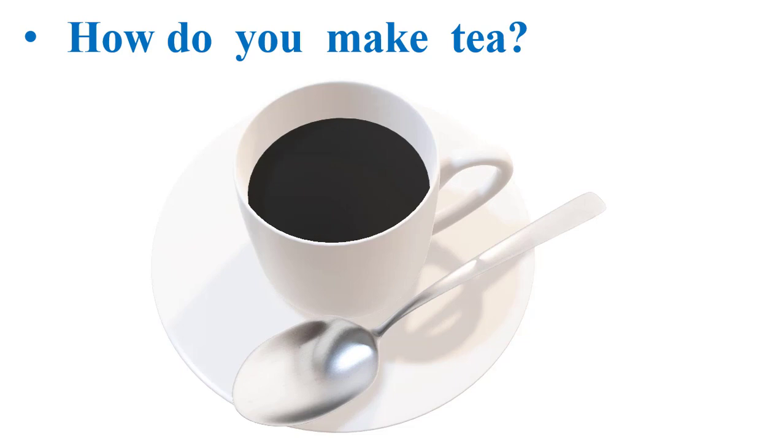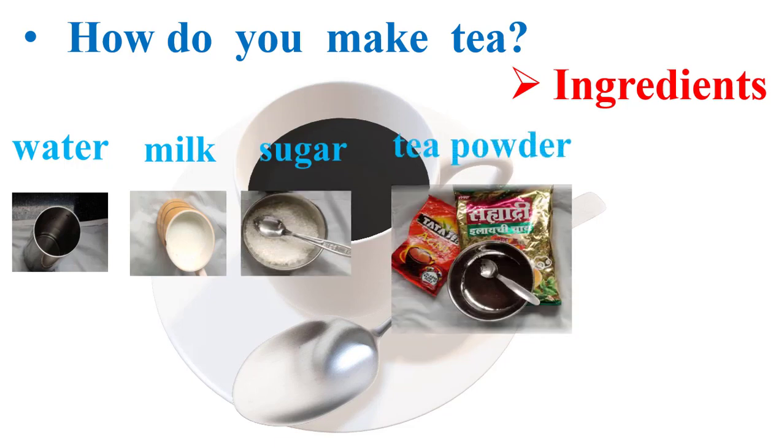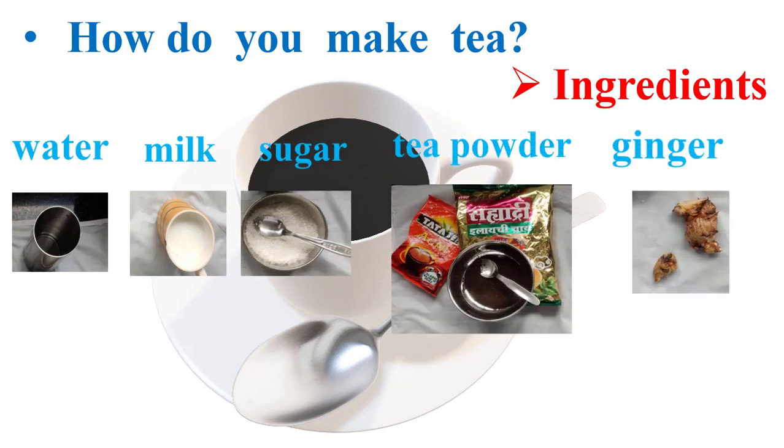Now let's learn how to make tea. But before that, do you know what ingredients are needed to make tea? We need water, milk, sugar, tea powder, and ginger for flavor. Okay, let's see how to make tea.